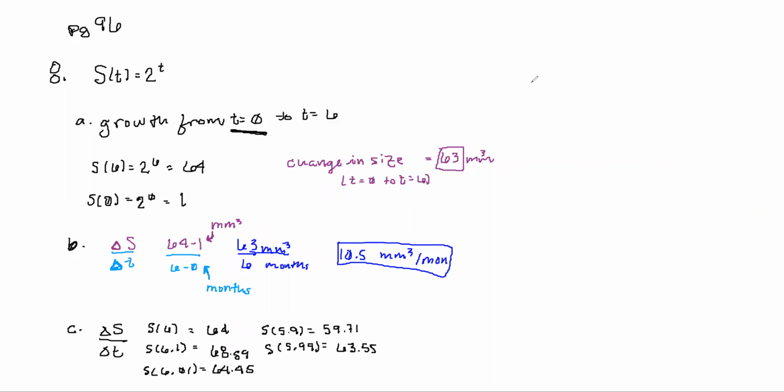We can say that if I have delta S, so if I have S of 6.1 minus S of 6, which would be 68.59 minus 64 all over 6.1 minus 6, which is equal to, and then I can go ahead and do this for the others as well. I can look at 6.445 minus 64 over 6.01 minus 6.